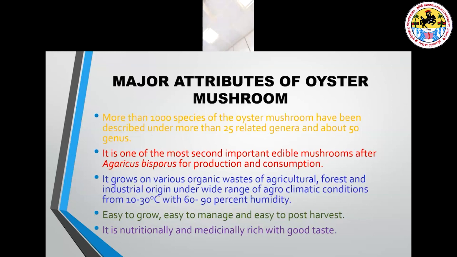It prefers various organic waste from agriculture, from forest, and from industrial origin, under a wide range of agro-climatic conditions from 10 to 30 degrees Celsius with 60 to 90% humidity. So this mushroom could fit Indian climatic conditions for all seasons.